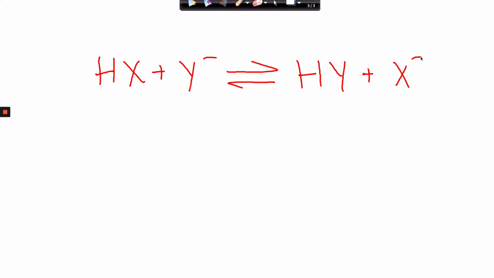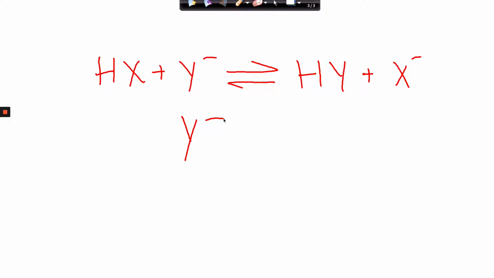Guys, this is important. Question C says this. If you mix equal concentrations of HX and NaY, will the equilibrium lie mostly to the right or to the left? And so guys, the idea is this. When we add NaY, that makes the concentration of Y go up.